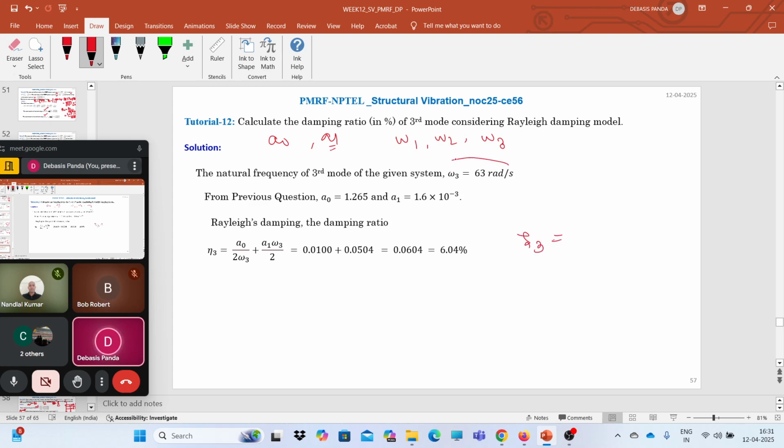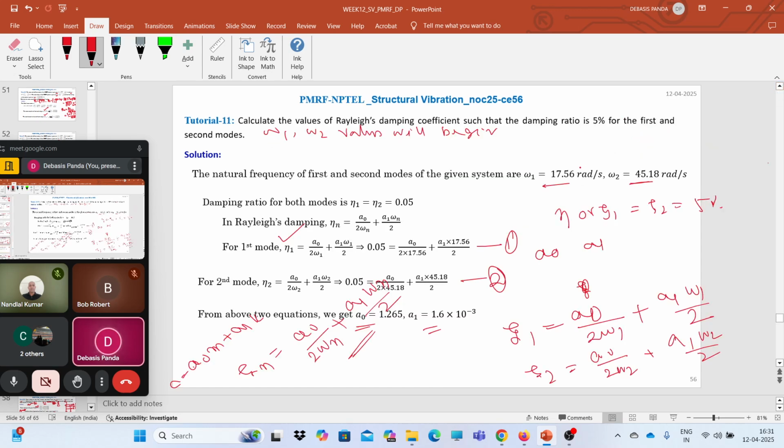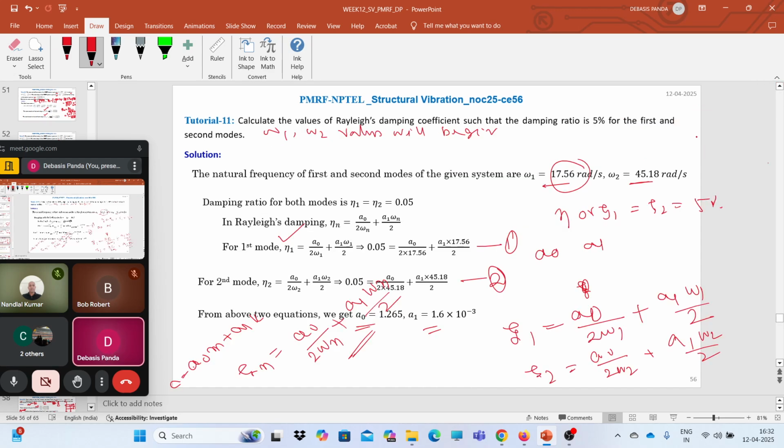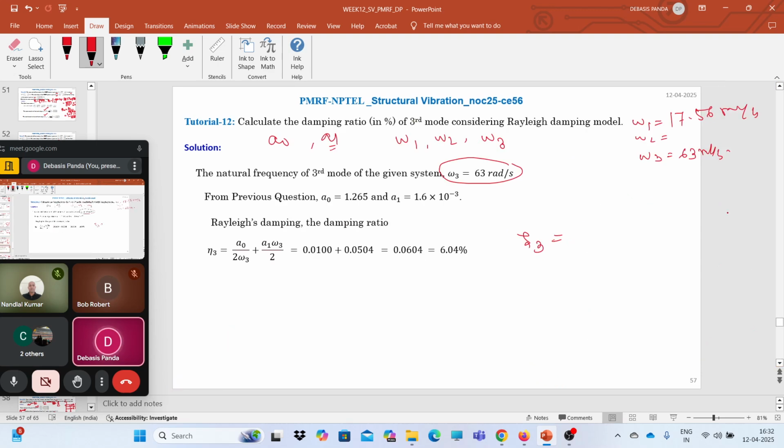Omega 3 is given as 63 rad per second. Omega 1 and omega 2 you have already figured out: 17.56 rad per second and 45.18 rad per second.